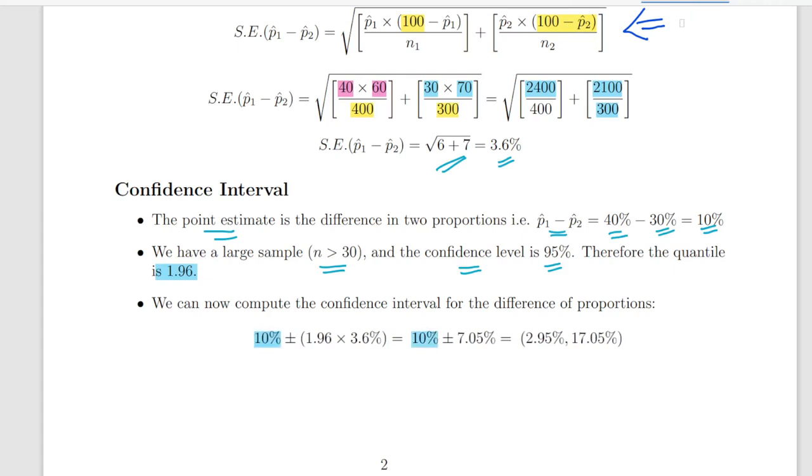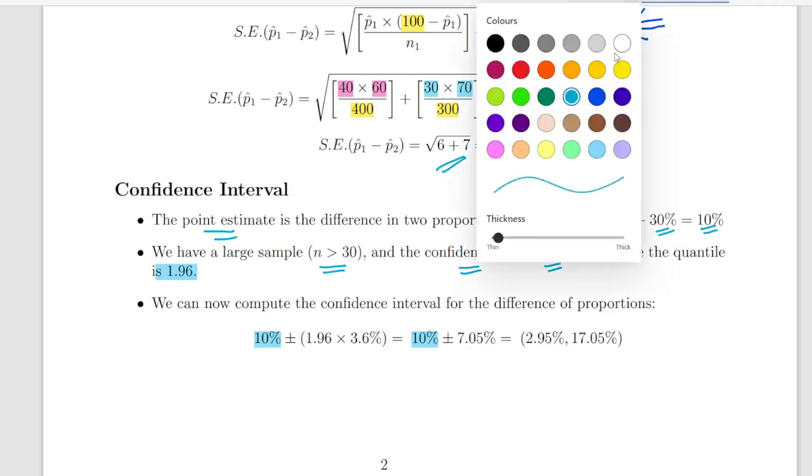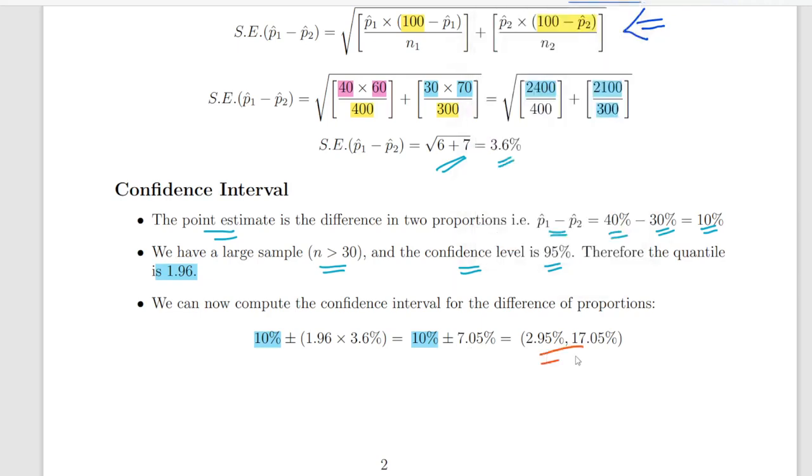The quantile times the standard error is 1.96 times 3.6, that is 7.05. So it's 10% plus or minus 7.05, and that gives us our final answer, which is 2.95 as the lower limit and 17.05 as the upper limit. Okay. That's it. That's this question done.